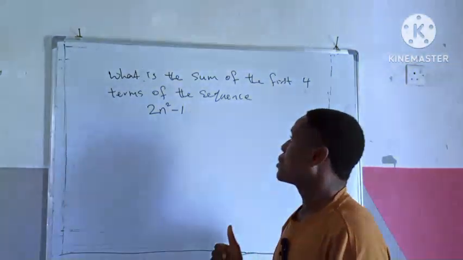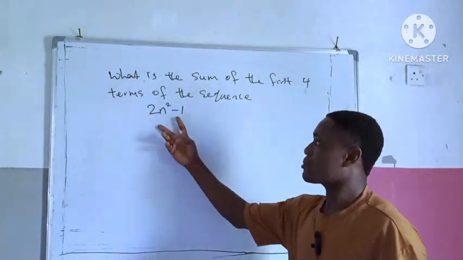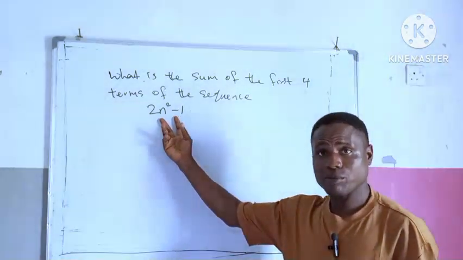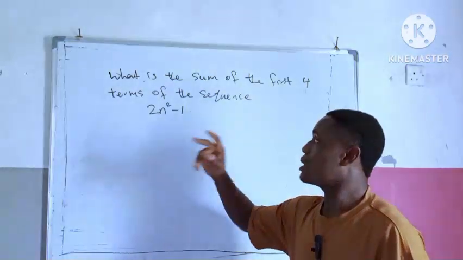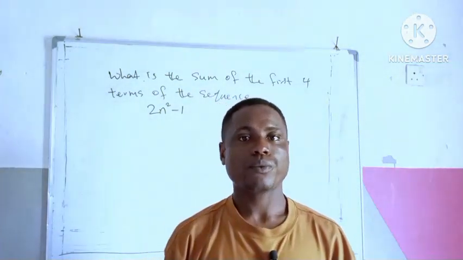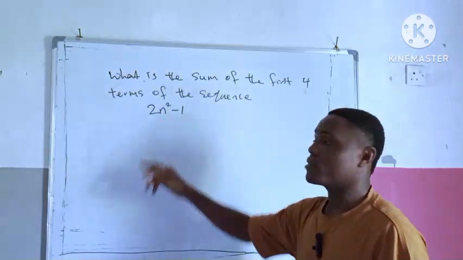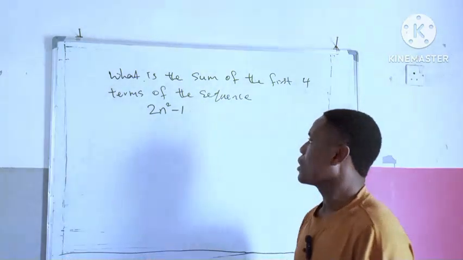So, what is the sum of the first 4 terms of the sequence? Now, this is a given formula. We are given the formula already, so it's left for us to just substitute into the given formula. Now, we are given 2n squared minus 1, right?